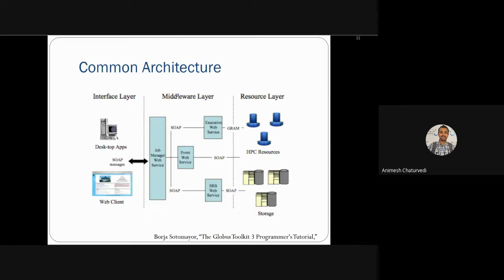How are they being managed? How are these tasks being managed? With the help of middleware layers. How do these middleware layers collaborate, combine, and work? So it works like that. Web services are there. SOAP requests, SOAP messages happen, like in the case of Eucalyptus.